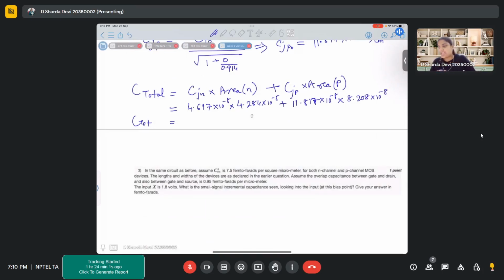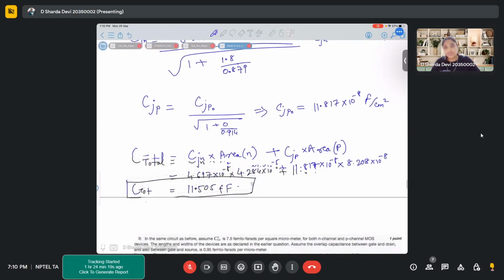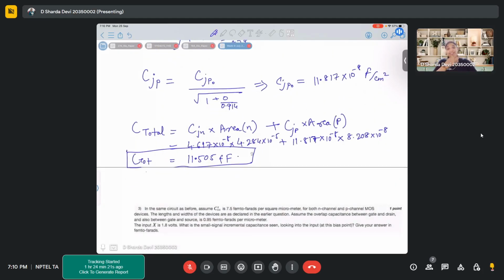I'm sorry, I get it on my calculator. So the total capacitance that you get, again in femtofarads, is 11.505 femtofarads. This is the capacitance that we get for an input of 0 and an output of 1 in an inverter.